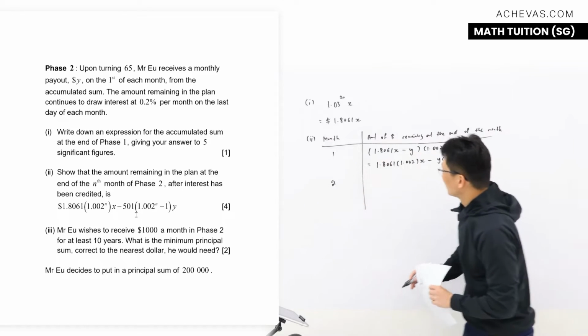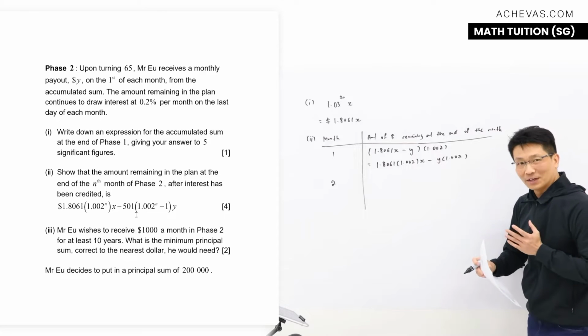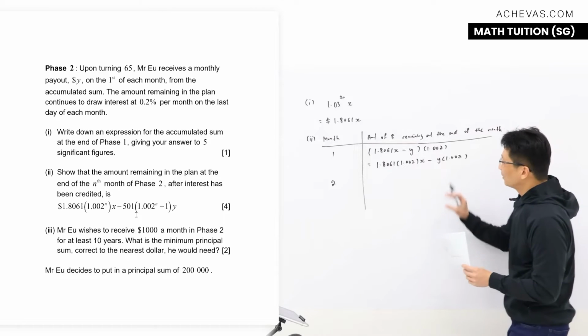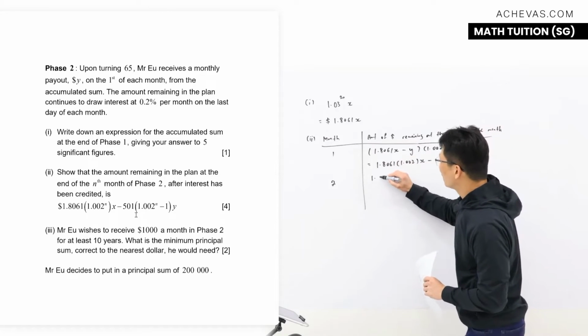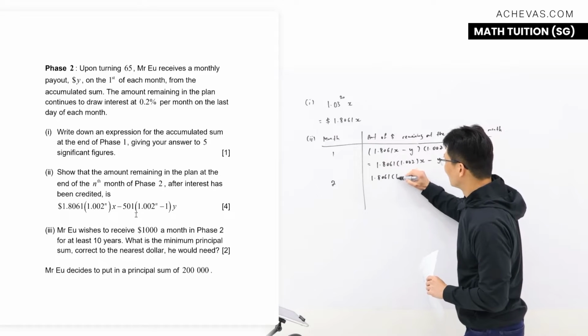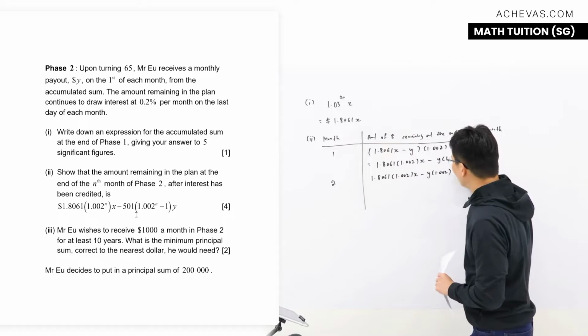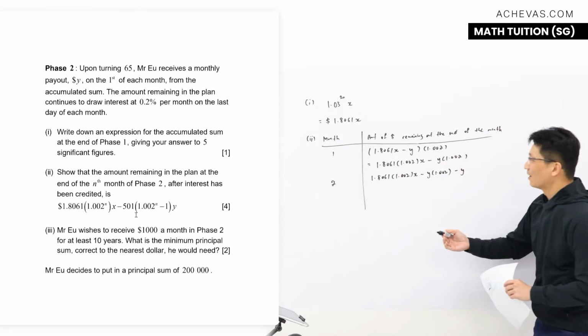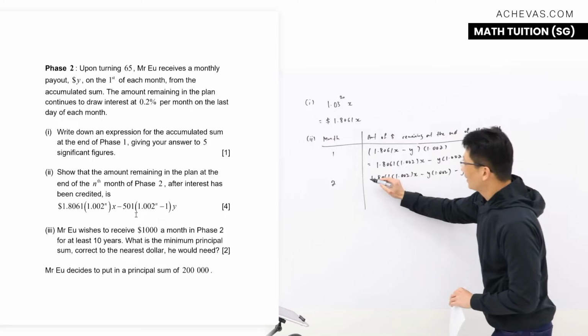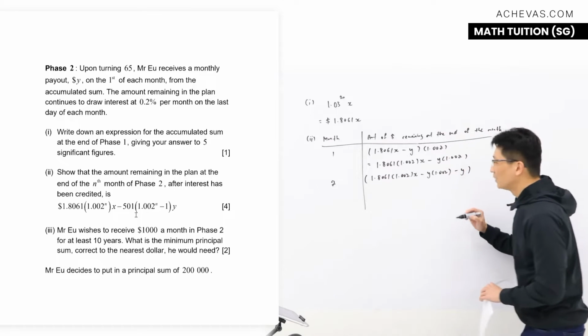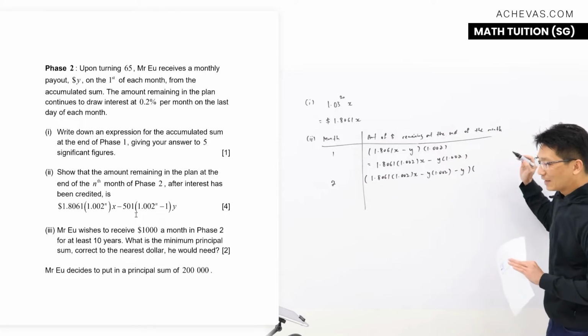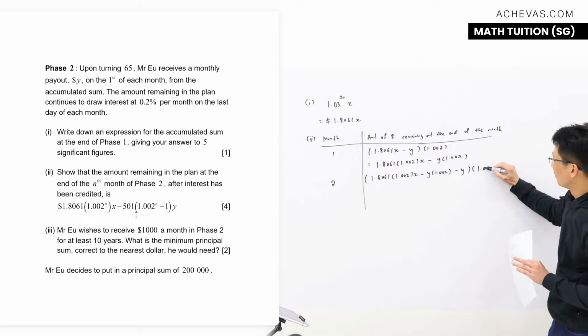Now, just imagine at the start of the second month, what happened to this expression? We will withdraw another Y dollars. This is the start of the month. And imagine what happened if we fast forward to the end of the month, I will multiply this entire thing by another 1.002.